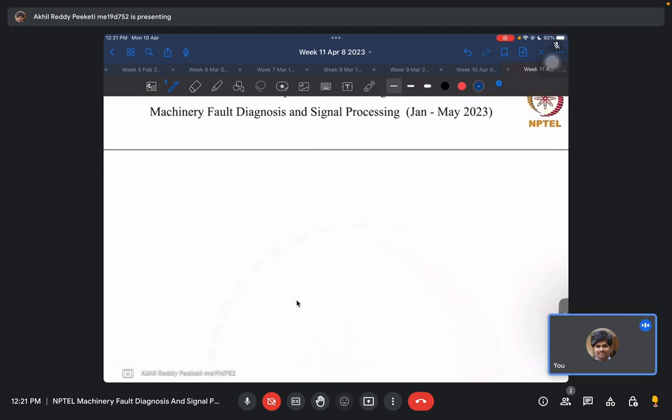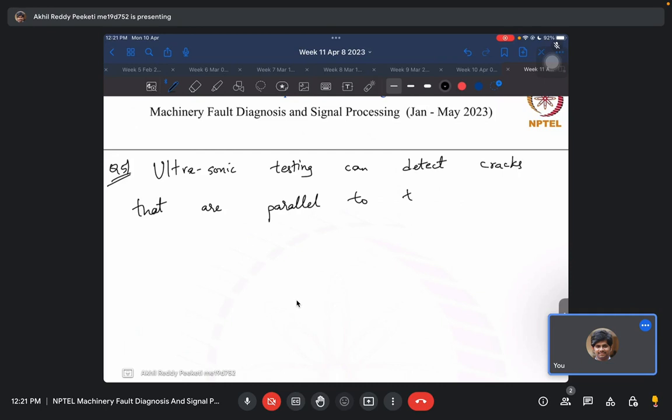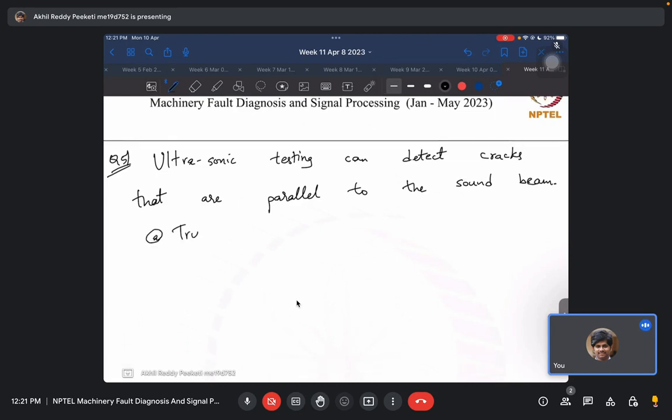Okay, let's move to the next question. Can the ultrasonic technique detect cracks that are parallel to the propagation of the sound wave?